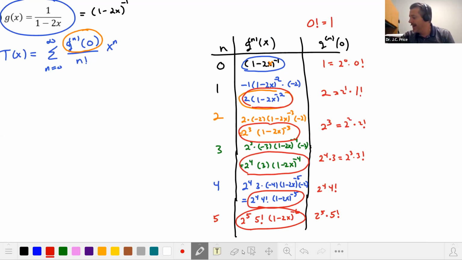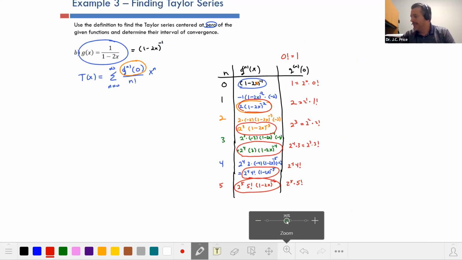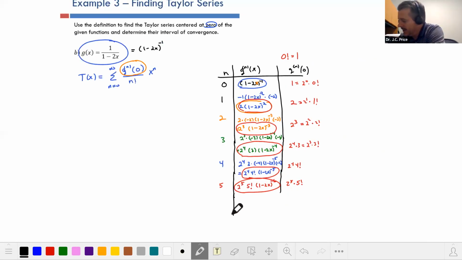Okay, so I think I have it. So let me zoom out a little bit here, and then we can use this table to write down our final formula, because now if you put an n down here, I'm thinking over here it's going to be 2 to the n, because if it's a 5, you put a 5 up there, and then n factorial. And so this will be equal to the sum, n equals 0 to infinity, and I'll replace this with that.